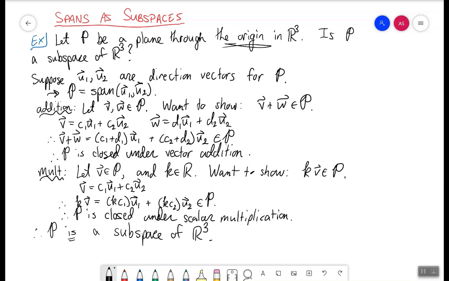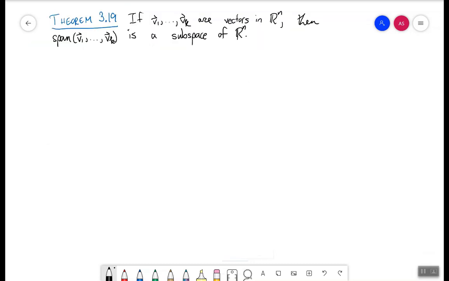Generalizing the above method that we just used for proving that a plane through the origin is a subspace, we can in fact show a theorem. If V1 through Vk are vectors in Rn, then the span of V1 through Vk is a subspace of Rn.